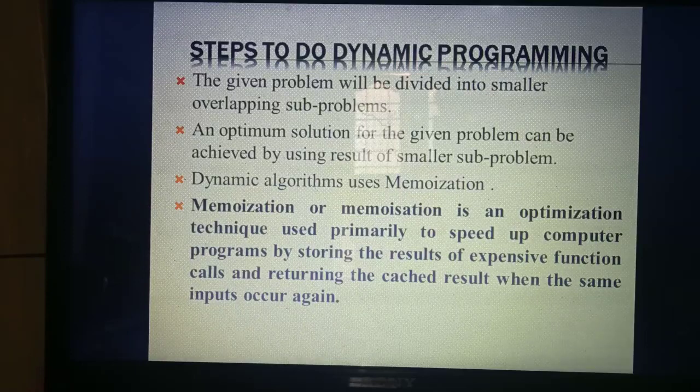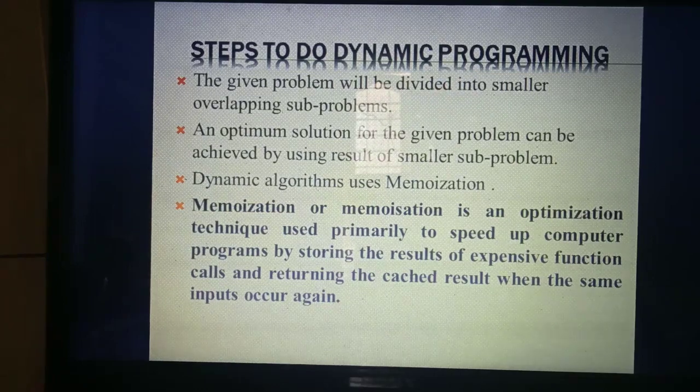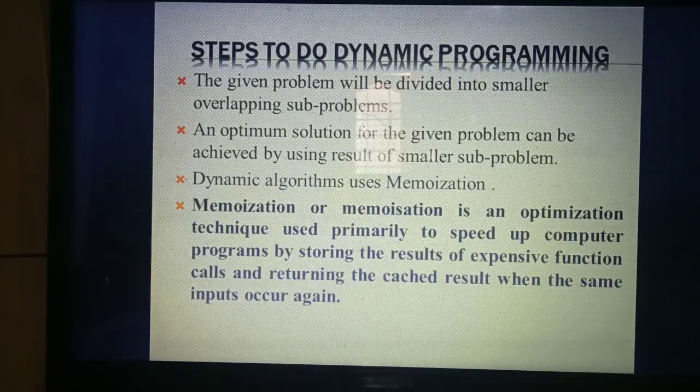The memoization technique. So here, what's the use of this? For example, in a particular program you are using one function. Last year, I studied structure programs: struct student with int age, height, weight.